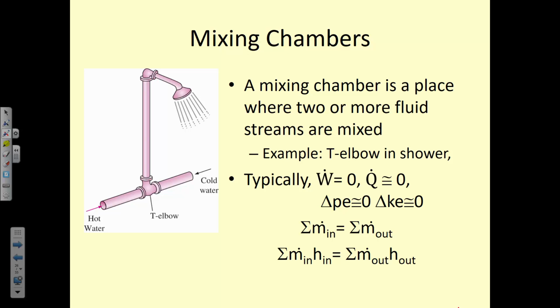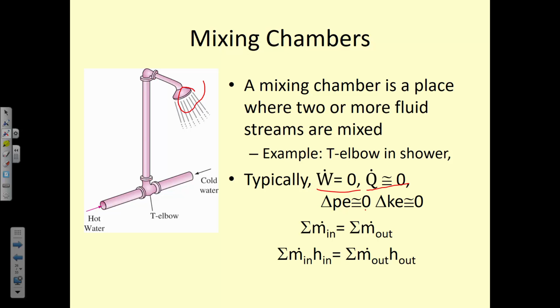Mixing chambers are where two or more fluids are mixed together. This is different from a heat exchanger because the fluid streams actually come into contact with one another. Usually it's the same type of fluid, and a good example is the shower. You have hot water coming in one side, cold water coming in the other side, and then hopefully a reasonable showering temperature comes out of the spigot. Usually there's no work interactions.